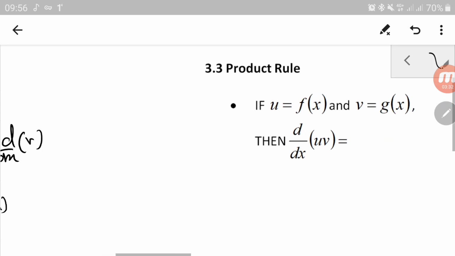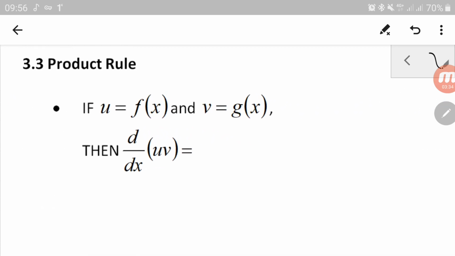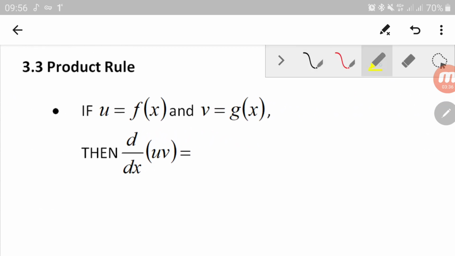Okay, so next we move on to product rule. So what we have here, more or less the same thing, two different functions. But unlike the last one, what happened is that the first function is multiplied by the second function. So for product rule, it's a little bit different.